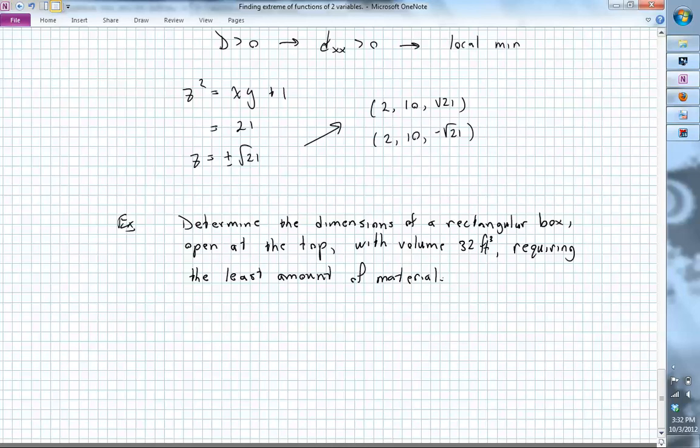Pretty straightforward, classic max-min problem. The big difference here is we can now deal with 2 degrees of freedom instead of just 1 degree of freedom. So let me sketch a picture for you.